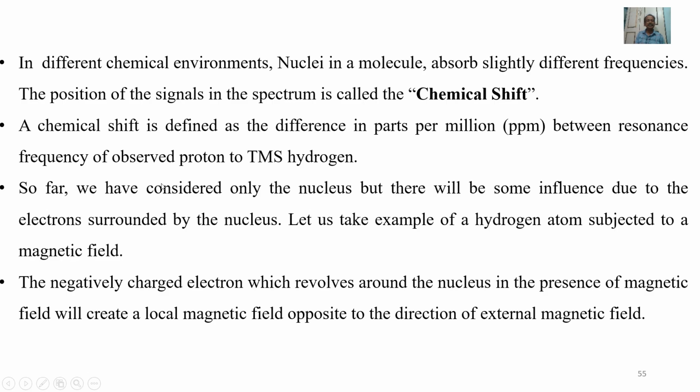So far, we have considered only the nucleus, but there will be some influence due to the electrons surrounding the nucleus. Let us take an example of a hydrogen atom subjected to a magnetic field. The negatively charged electron, which revolves around the nucleus in the presence of a magnetic field, will create a local magnetic field opposite to the direction of the external magnetic field.